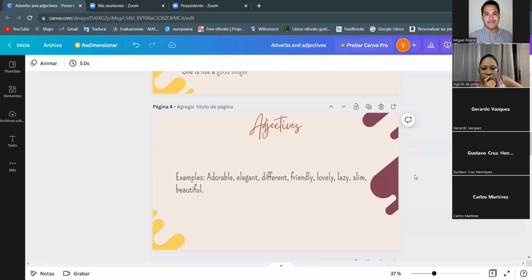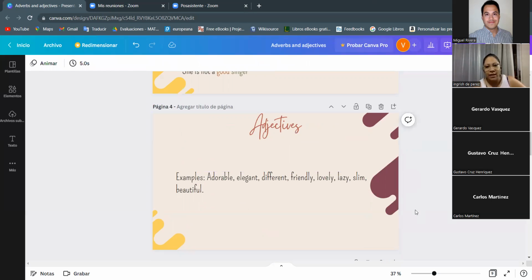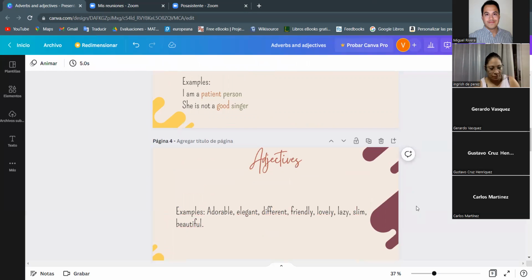These are examples of adjectives. Can you help us reading, please? Adjectives, examples: adorable, elegant, different, friendly, lovely, lazy, slim, beautiful. Thank you. This one is pronounced like lazy. Okay. Good.